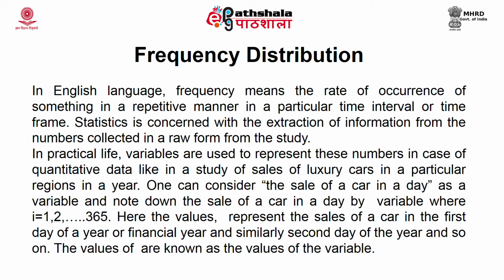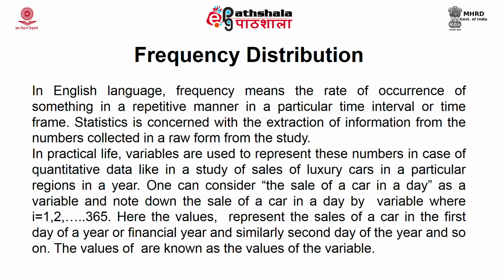One can consider the sale of cars in a day as a variable and note down the sale of cars in a day by a variable denoted as x subscript i, where i takes values from 1 to 365, which represents the days in a year.